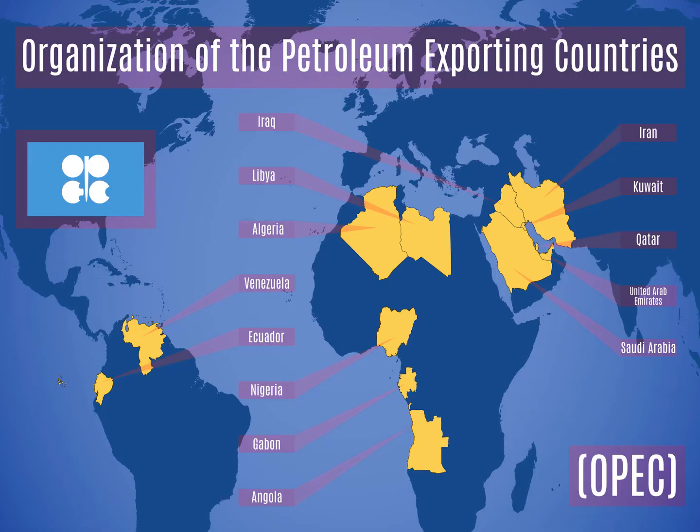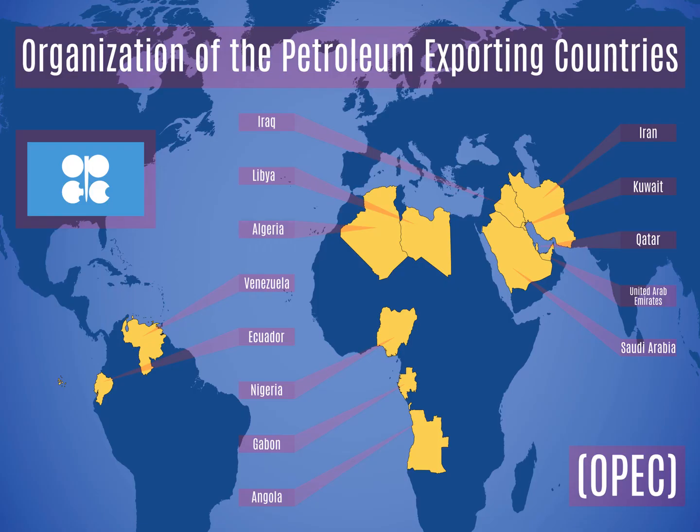The Organization of Petroleum Exporting Countries, commonly called OPEC, started as 5 oil-producing countries in 1960, but currently includes 13 countries across Southwest Asia, Latin America, and Africa. It was created to avoid competition among oil-producing countries.